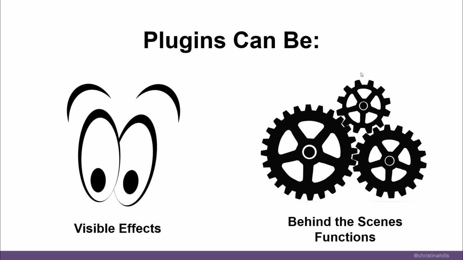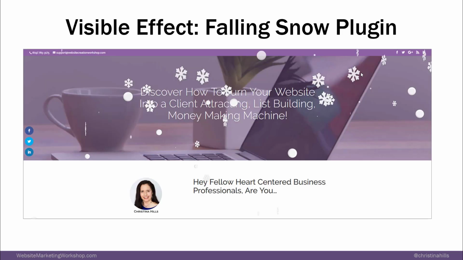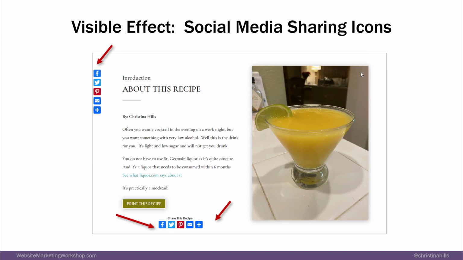I'm going to show you some examples with WordPress plugins that are visible and some that are behind the scenes. So here's an example of a visible effect: falling snow. You know, it's kind of fun. Not everybody has falling snow. I tend to turn it on during the holidays, but it adds this cool effect where the snow falls on your site.